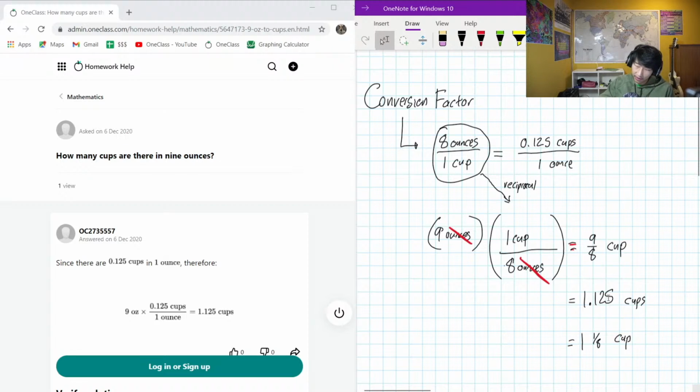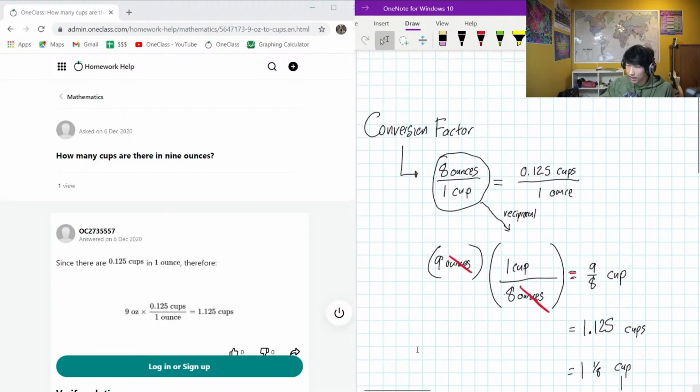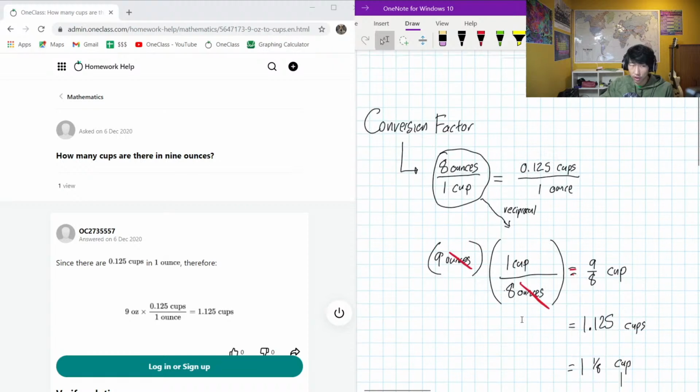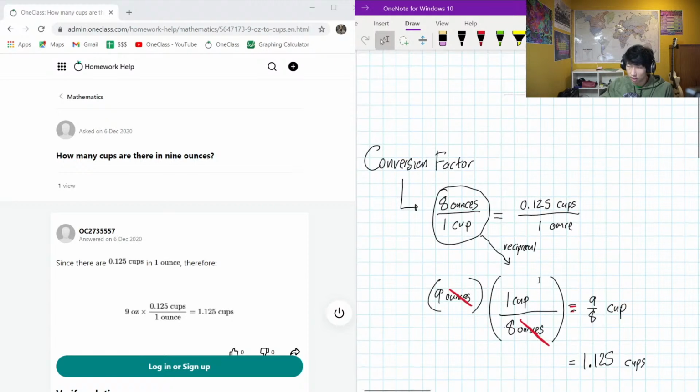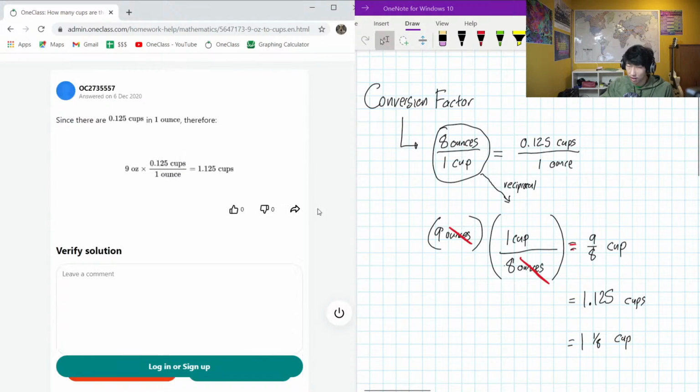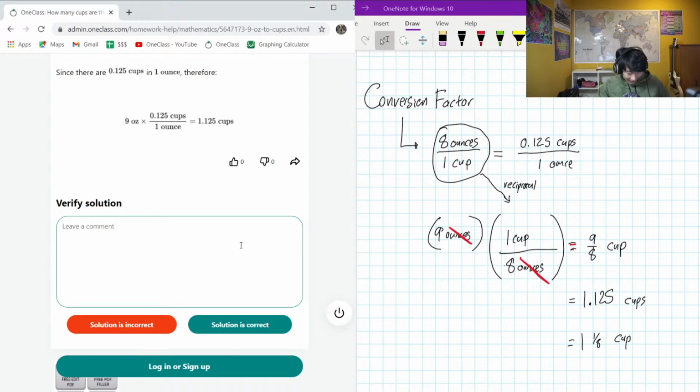So it's always convenient and it's always good to be able to convert between these different numerical representations of the same value, which is the cup equivalent of 9 ounces. Okay, so stay ready with these cancellations of units, and everything else in your life should be beautiful.